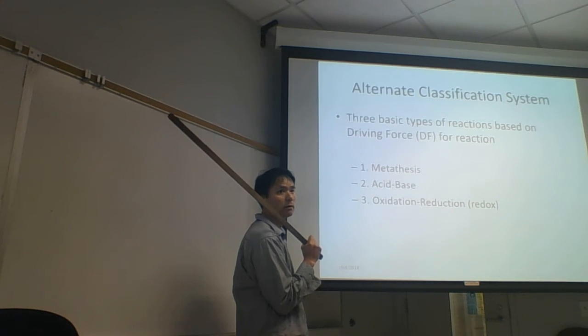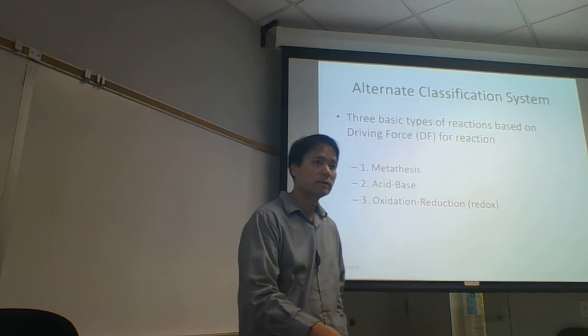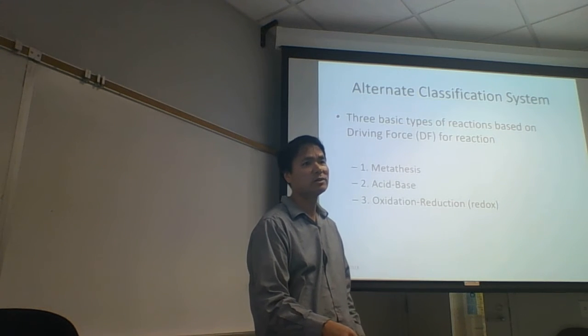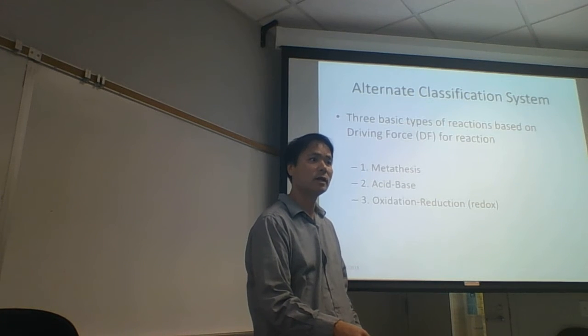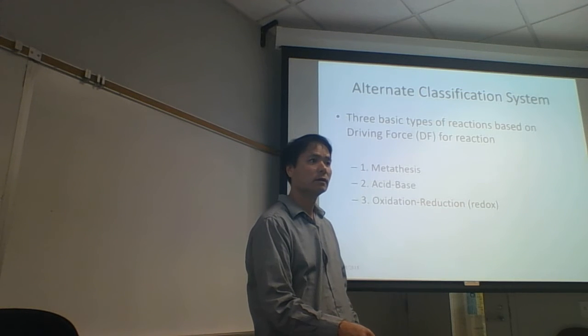Is it when they exchange the ions, like when you write them down, they switch the ions? Well, yeah, that's double replacement, if you're familiar with that. You're right, it has to do with the ions.